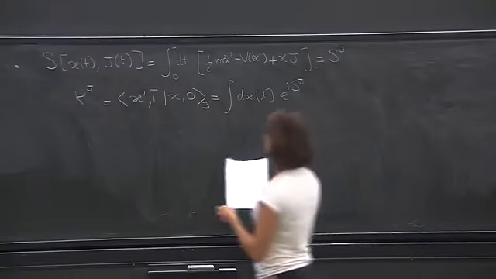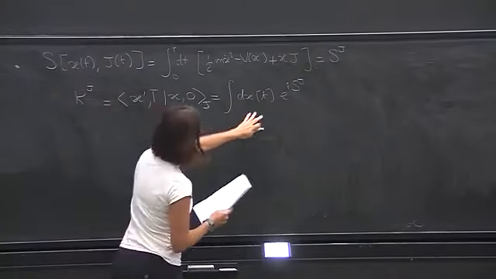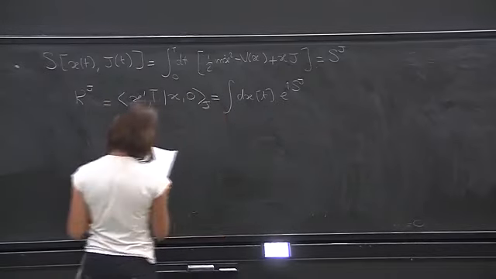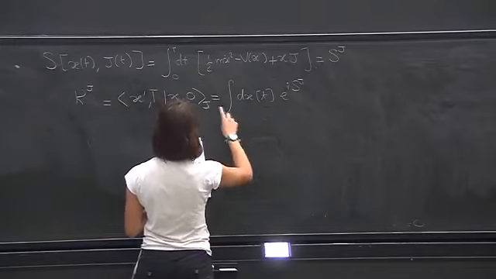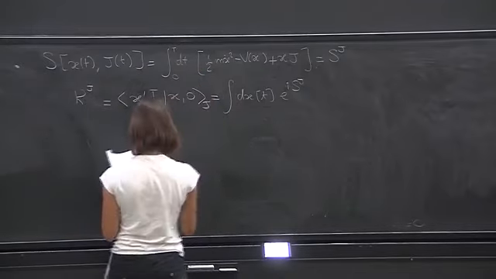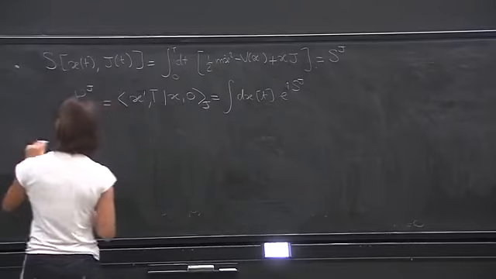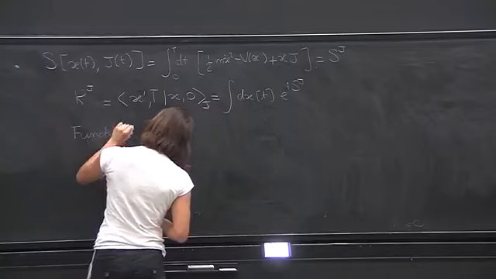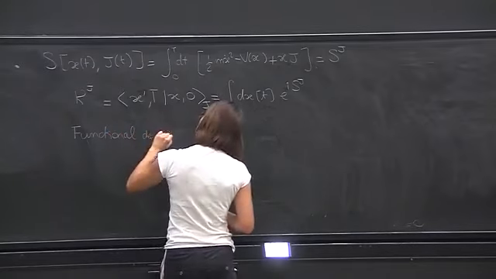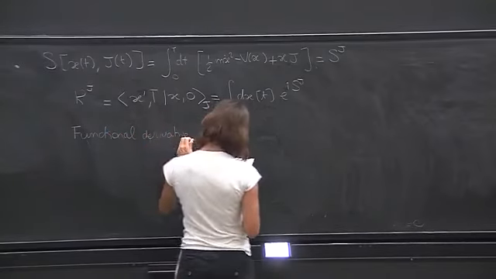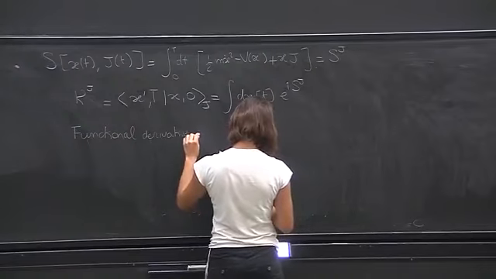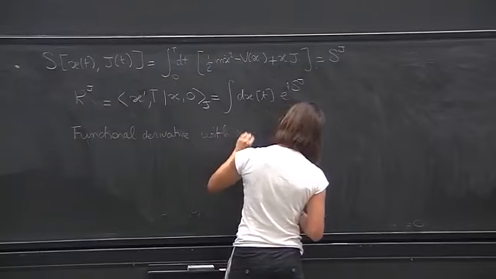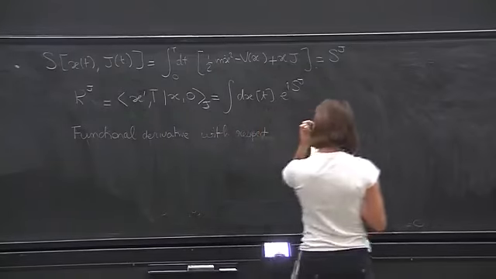And now if I look at the functional derivative of this equation with respect to J at a given time t, where t has to be between 0 and big T here, then, as we did, the functional derivative of this equation, and the time we choose is going to be important.